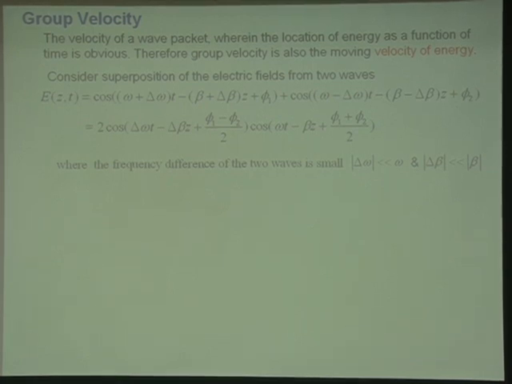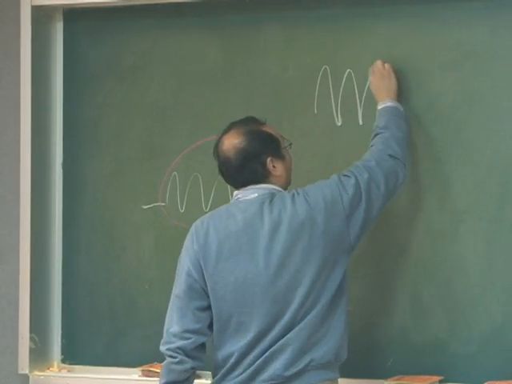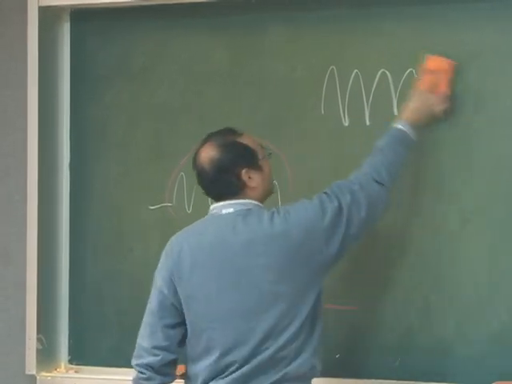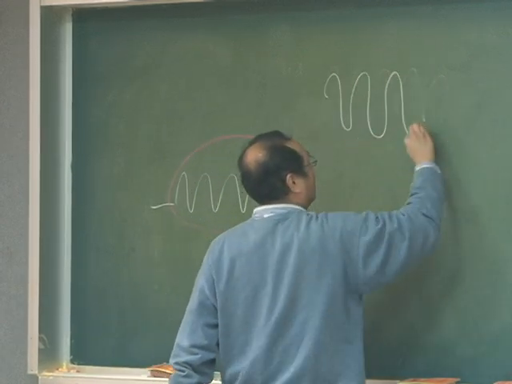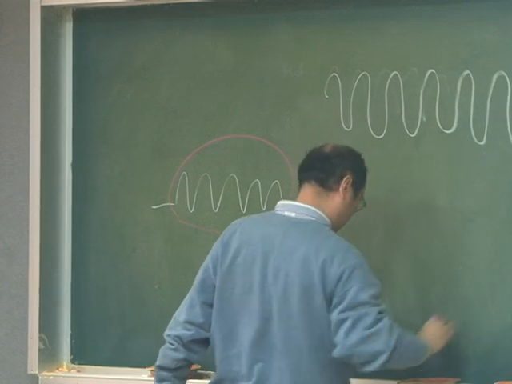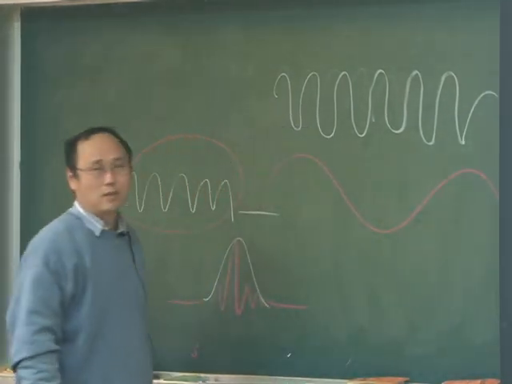Here you will find this is the high-frequency part, and this delta omega is usually low frequency. Suppose this delta omega is very small compared with omega. So you have two terms multiplying together: a phase oscillating term, multiplied with a slow term.